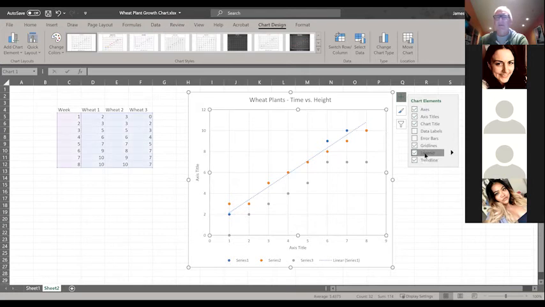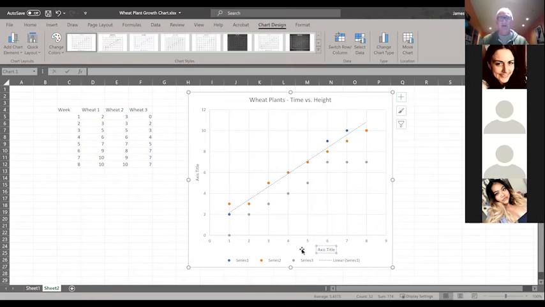Then I want to do the same, but I also want to know what that relationship is. Yeah, I can see there's a line there, but I want to know what the relationship is between my time and my height. So I can also change my title down here.